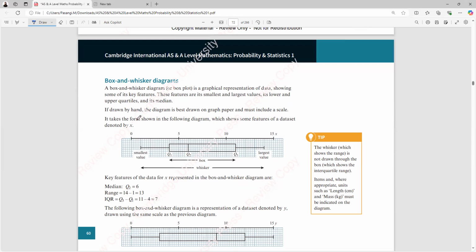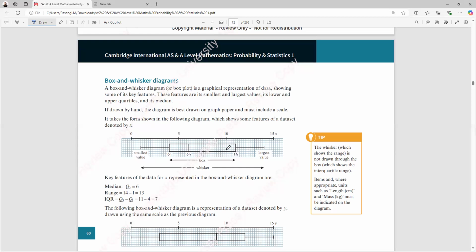So it takes the form shown in the following diagram, which shows some features of a data set denoted by X. So now what will happen? It is 0 to 15 for X. Here this one is the data bar. So 0, 10 and 15 we have counted. Again per square, that is one value.